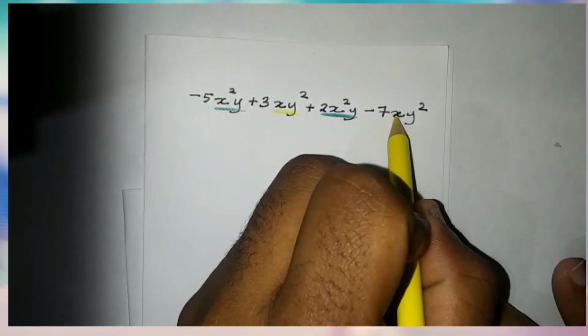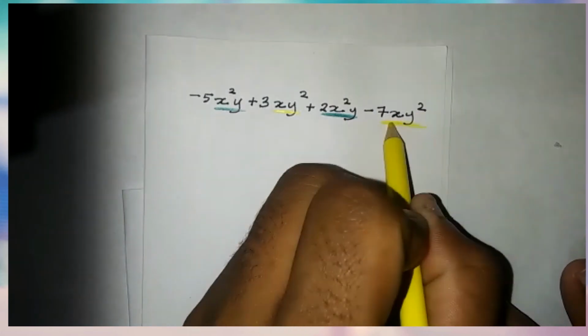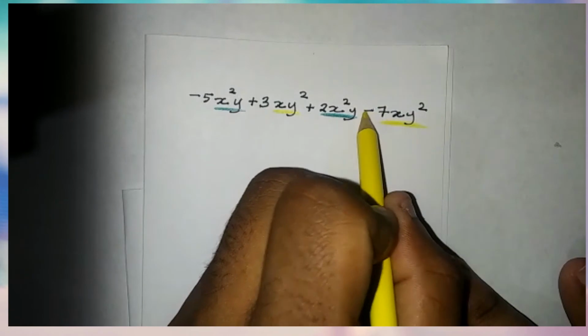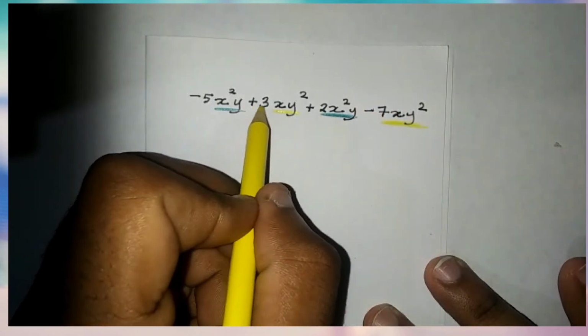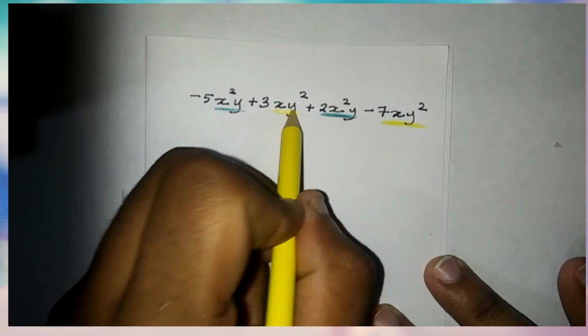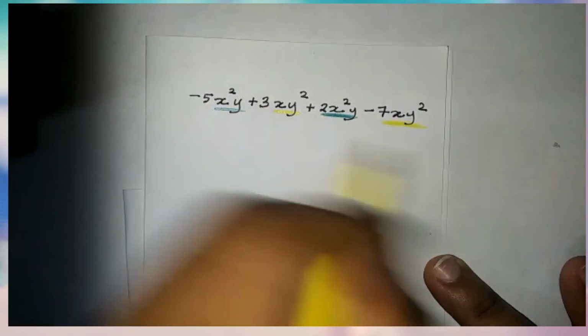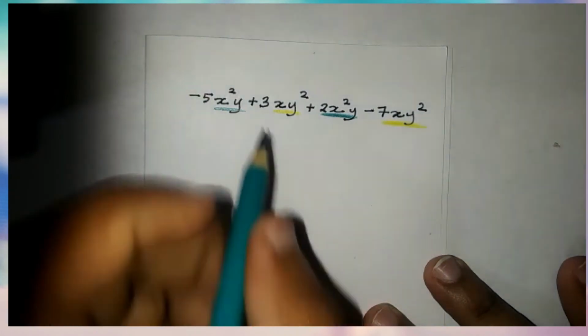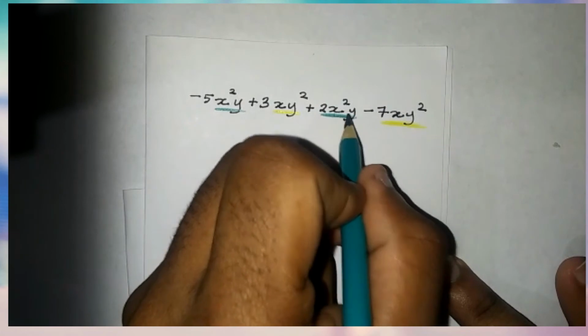Let's look again. xy squared. Yes, we found the next one. Very good. So, minus 7xy squared is a like term to positive 3xy squared. And minus 5x squared y is the same or like term with positive 2x squared y.